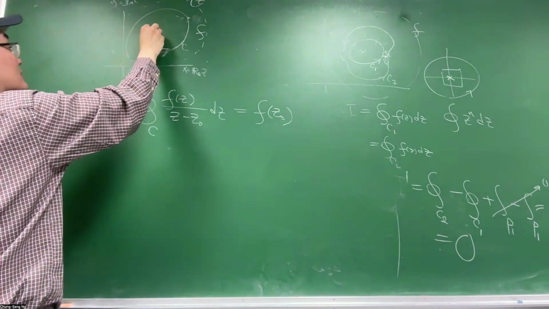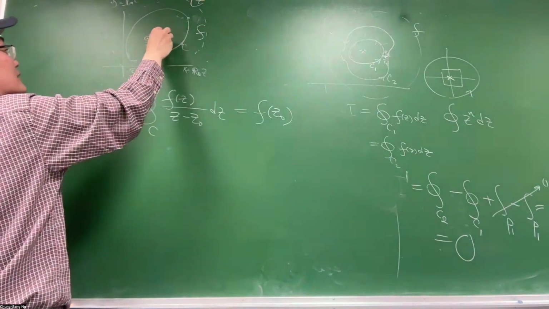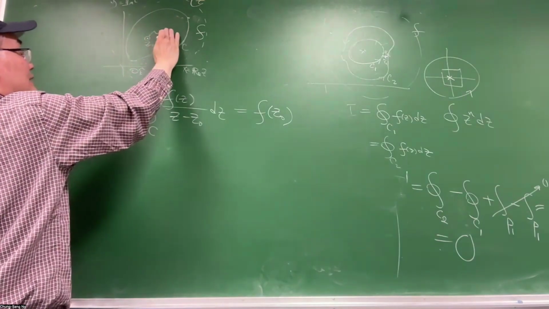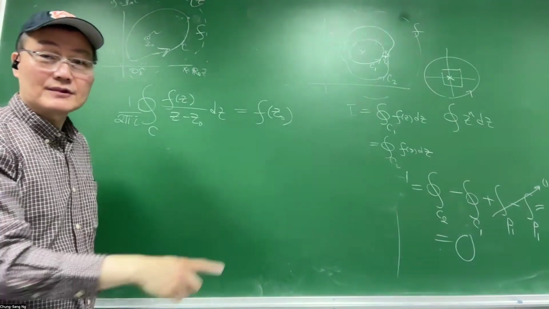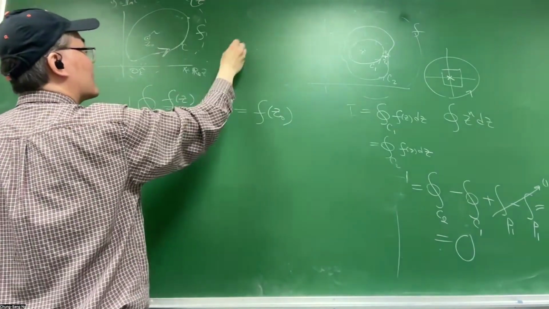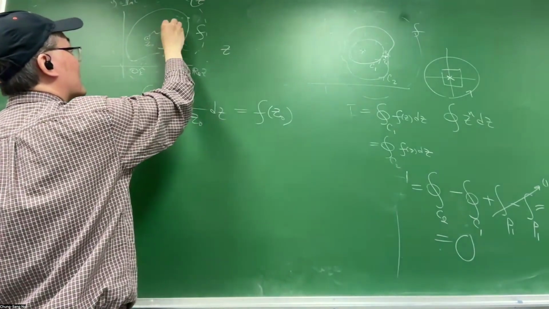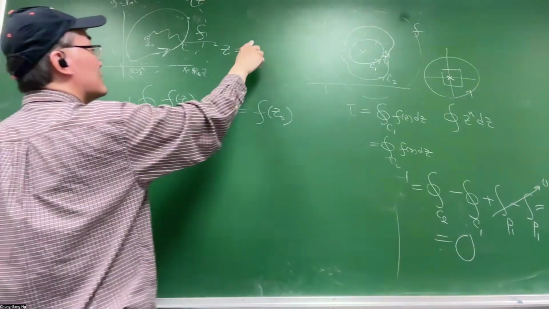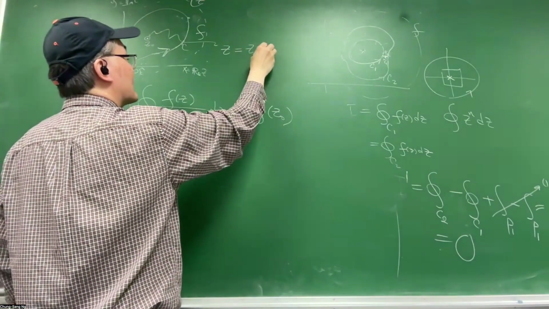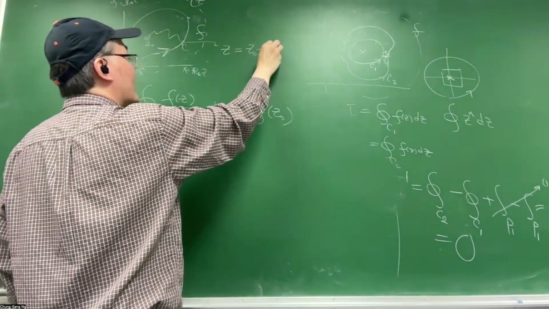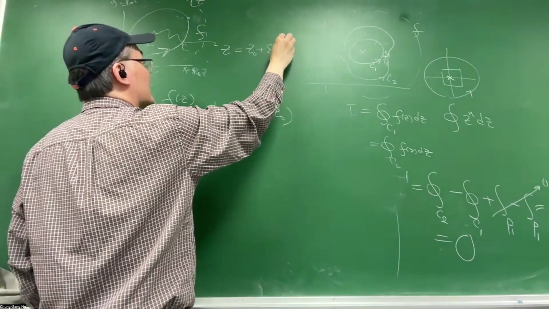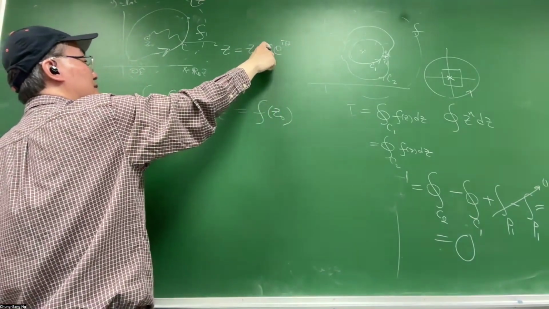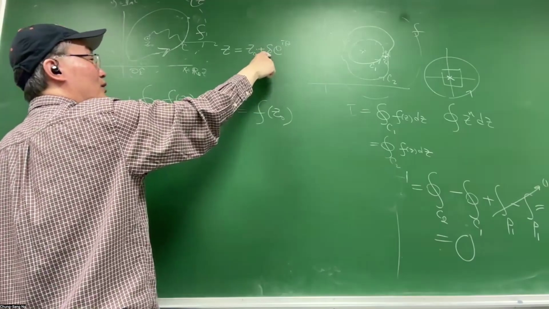This circle is indicated by this formula: c minus c sub 0. So c sub 0 plus a small radius turns into that. This is a complex number, except that the argument is a very small delta.